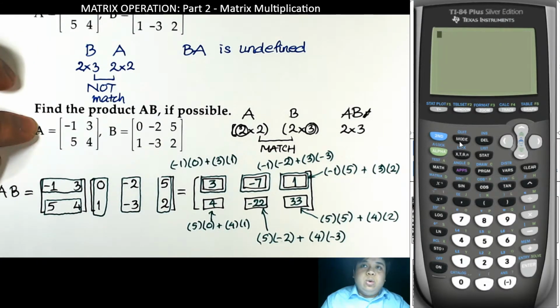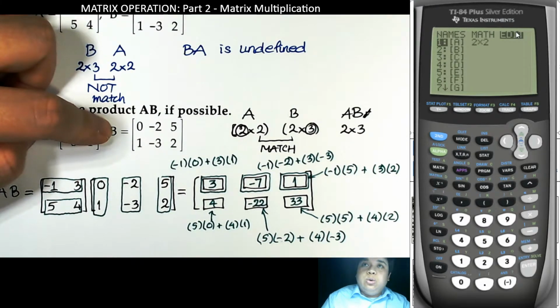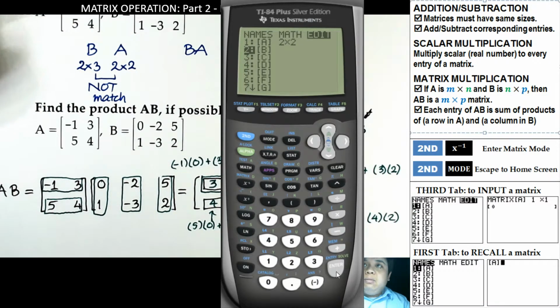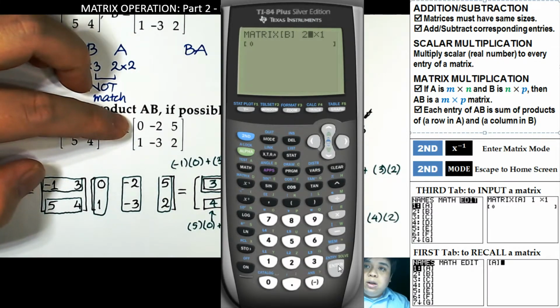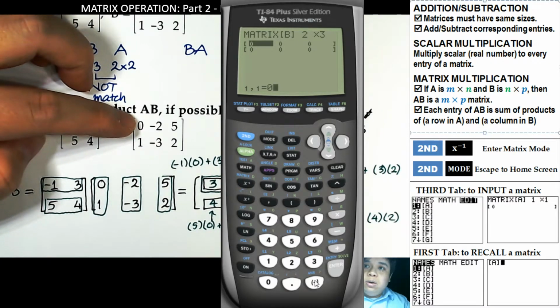Second mode to quit to the home screen, and then second matrix again. Go to the third tab, go down for matrix B, and then edit. Now we put in matrix B, 2 rows, 3 columns: 0, -2, 5, 1, -3, and 2.